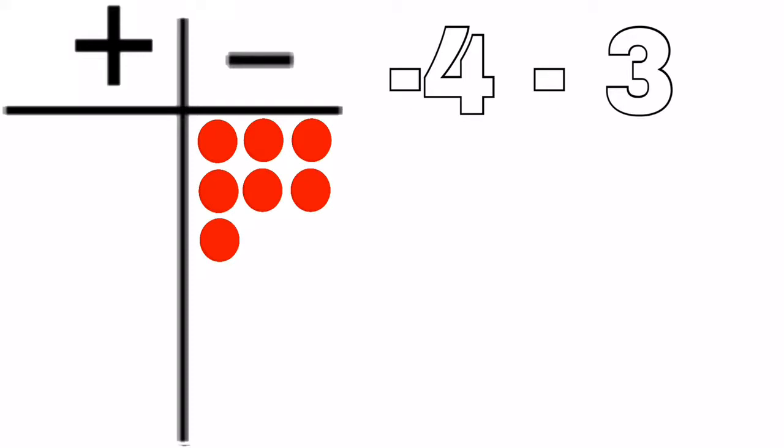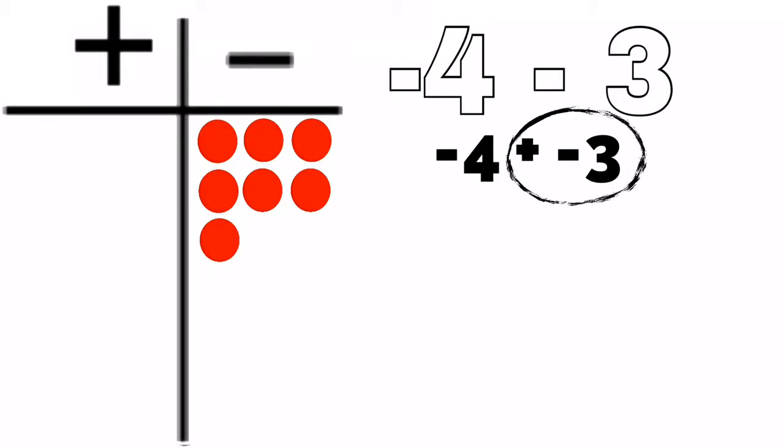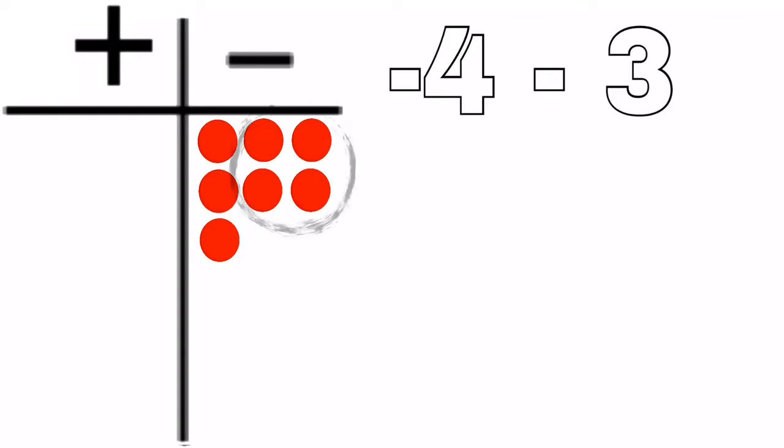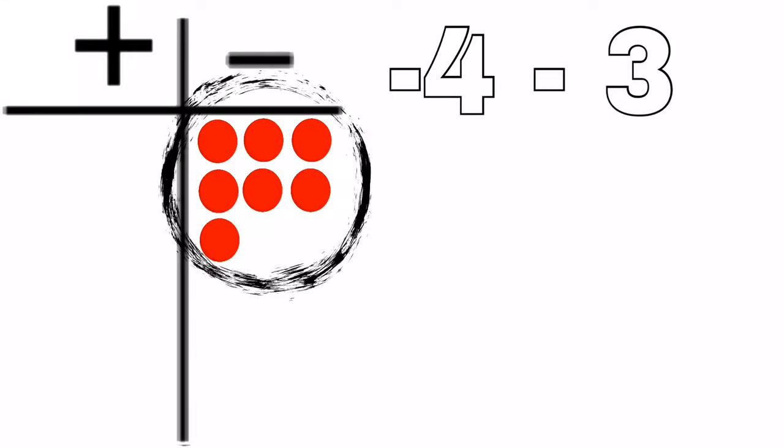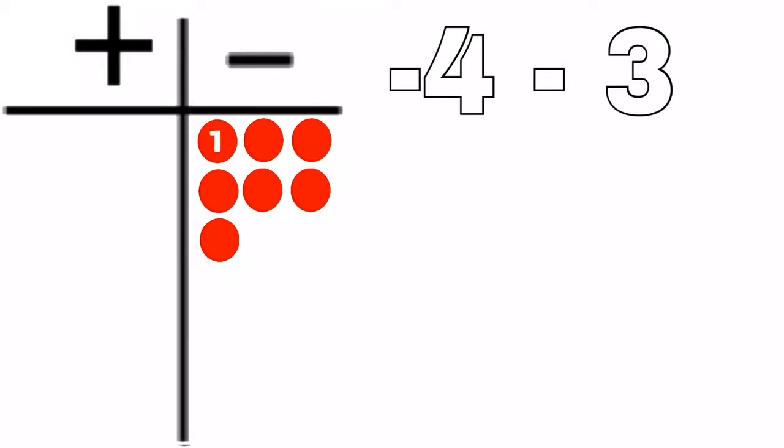Some people like to write this as -4 plus -3 because adding a negative doesn't change the problem, and still you can see that you have -4 red dots and -3 red dots, and when you take a look at this total picture, you have -1, 2, 3, 4, 5, 6, 7. So -7 is your answer.